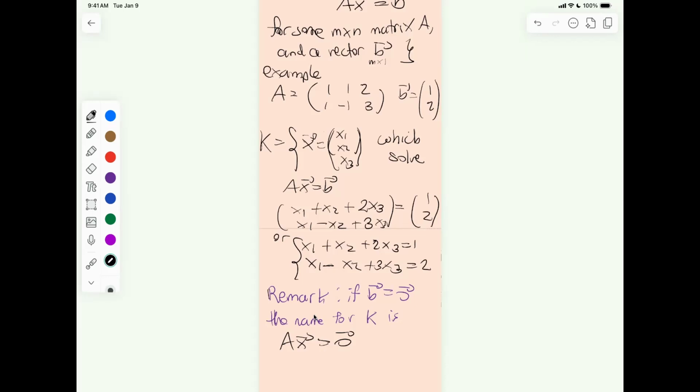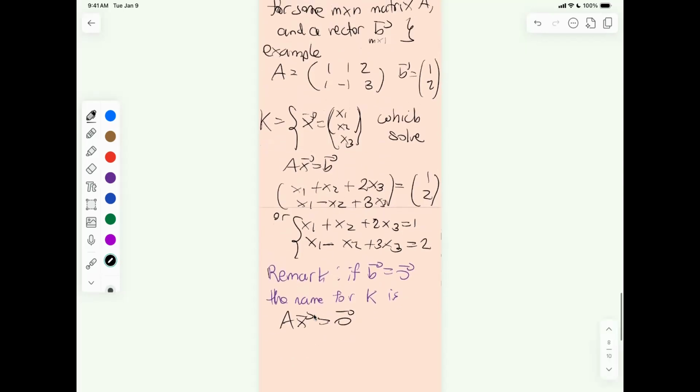Well, that is more related to the rank, whether there are infinitely many solutions or a unique one. Oh yes, it is the null space, right? Or the kernel, depending on how you saw it.